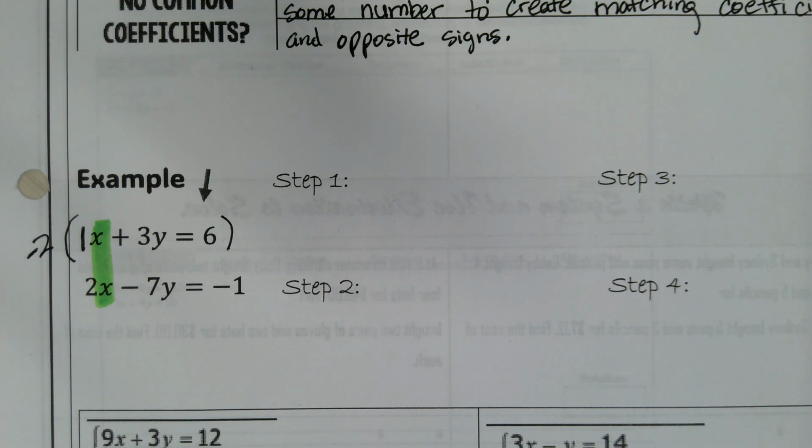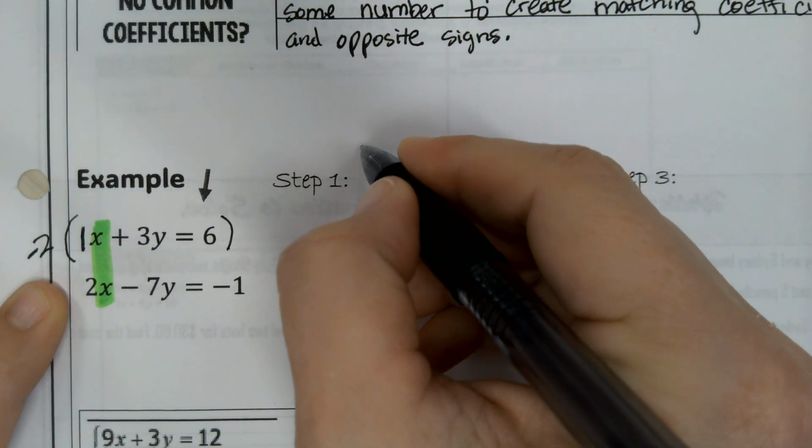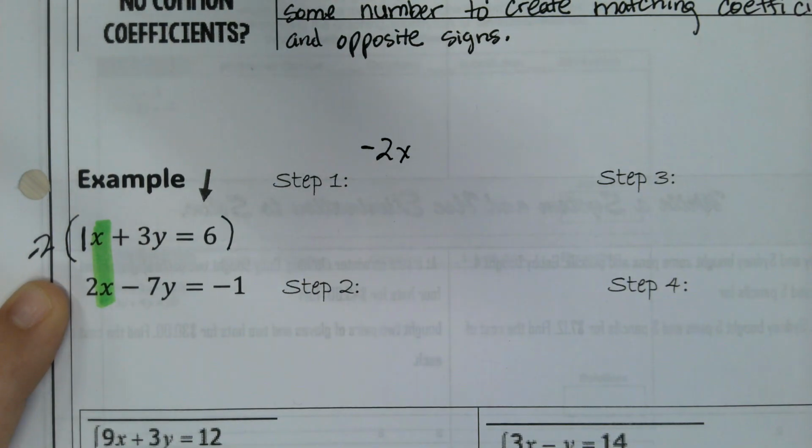Okay? So step 1 is making sure that they're lined up, which they're already lined up for us, and then we are manipulating the equation so that one of them has the same coefficient with opposite signs. So step 1 then, I'm going to rewrite the first equation as negative 2x, and make sure that when you multiply an equation by a number, every term has to be multiplied by that same number.